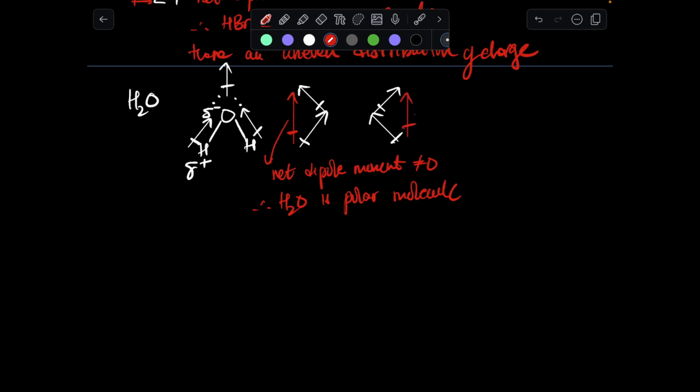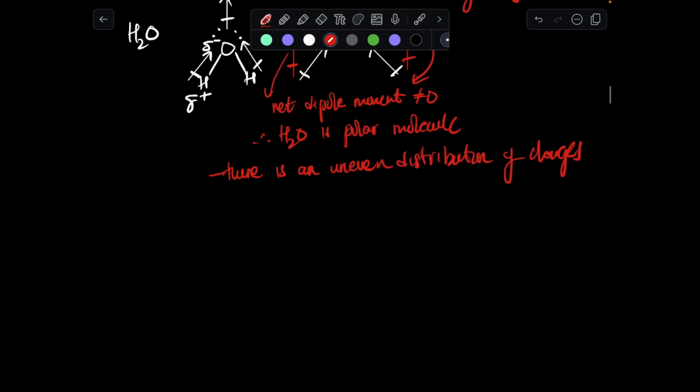So here is a dipole moment there. So hence here there is an uneven distribution of charge, right?